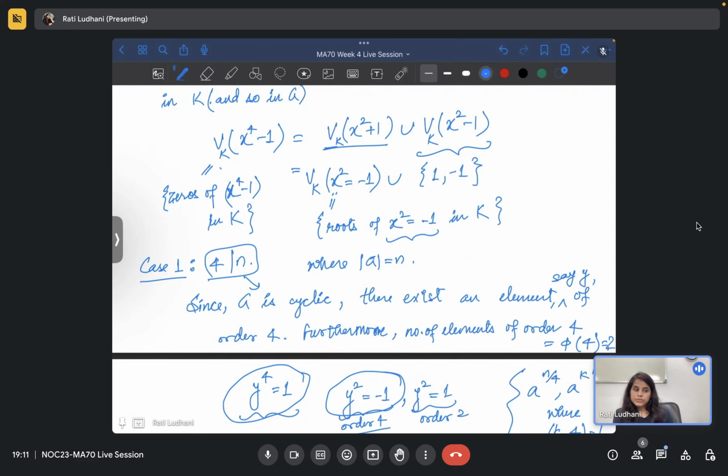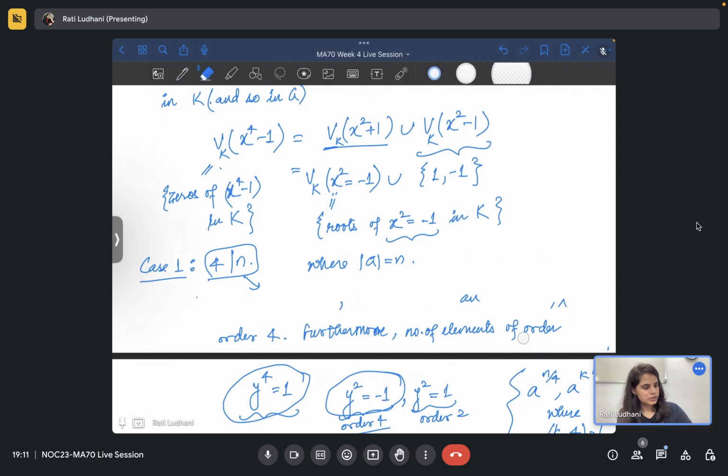If the order of the group is n, phi of n means the numbers which are coprime with n. Exactly. So I can write this more precisely. This is the general fact which we are using.